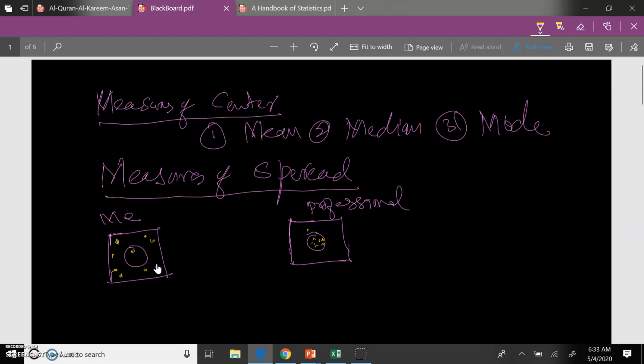Clearly you can see that I'm not the winner. This person is the winner, definitely. Why am I not the winner? Because my darts are landing away from the target. In statistical terms, we would say there is more spread in this data and less spread for the professional player.